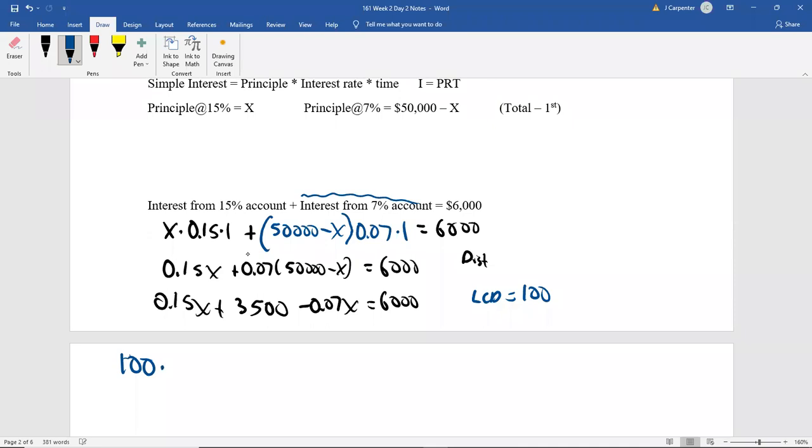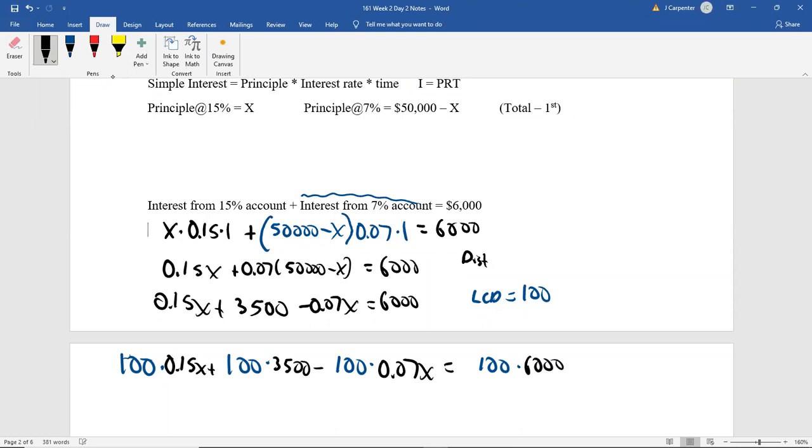So 100 times the 0.15x plus 100 times the 3500 minus 100 times the 0.07x equals 100 times the 6,000. We're just going to move each decimal right twice.